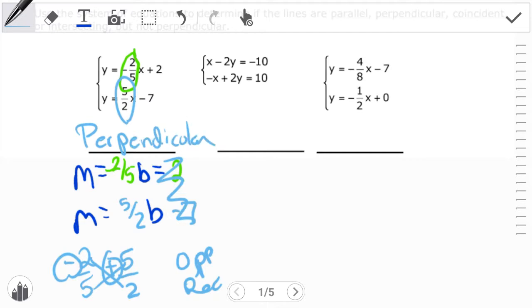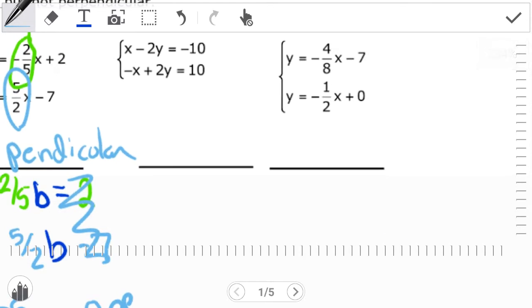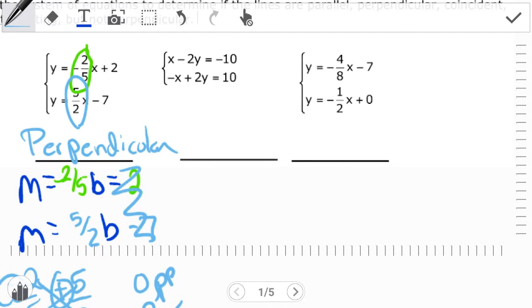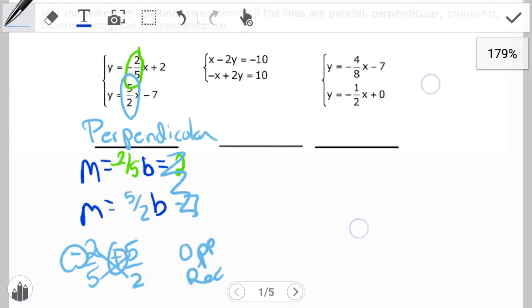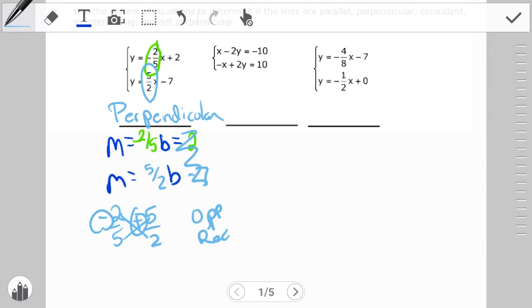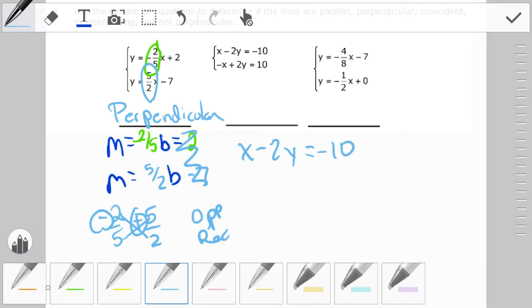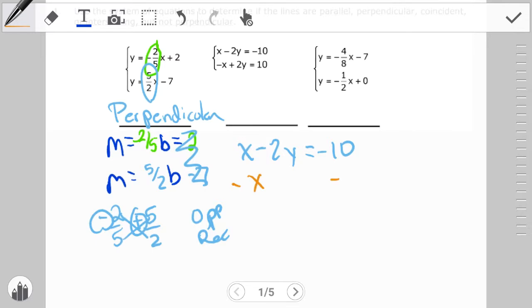All right, an example in the middle set of equations, we actually need to solve both of those for y. Okay, so that means I need to take x minus 2y equals -10, and I need to solve it for y. So that means I need to minus x to both sides.